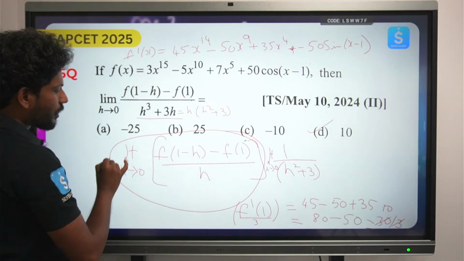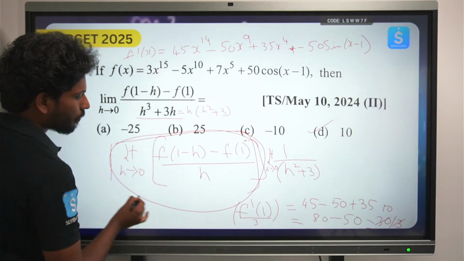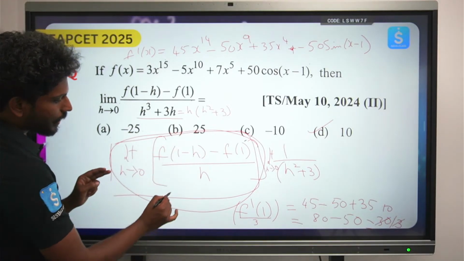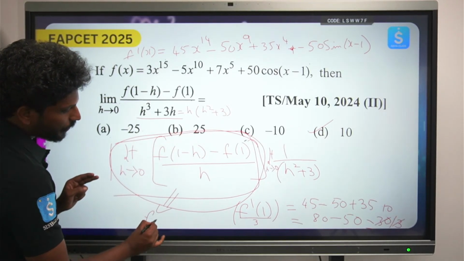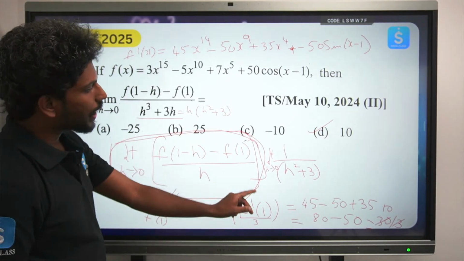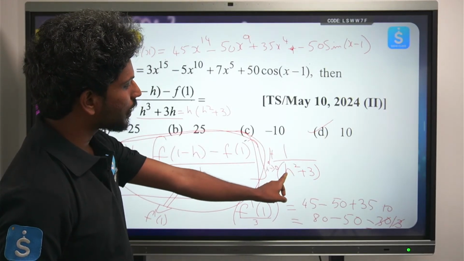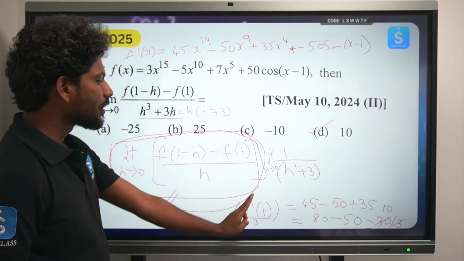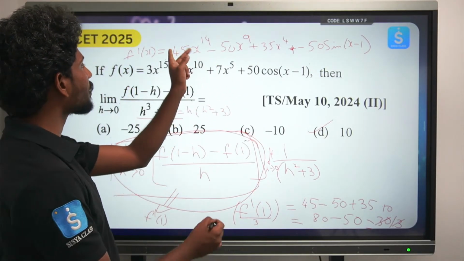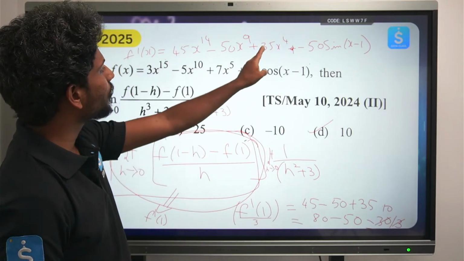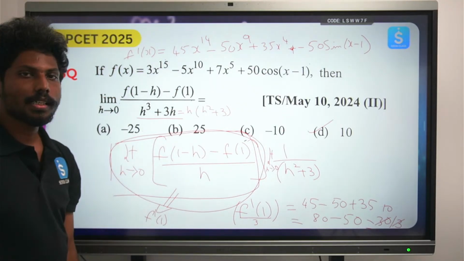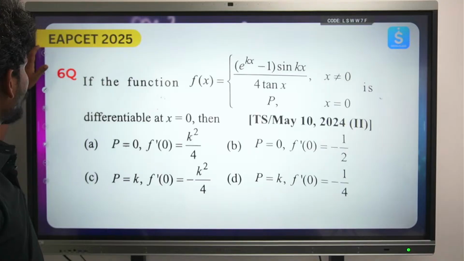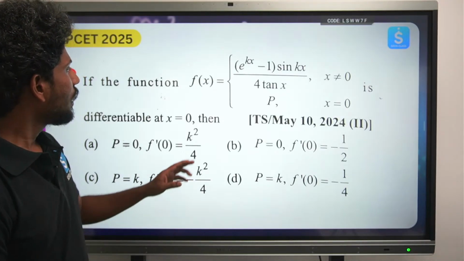If you see this sort of a partition in the whole problem, this is nothing but f dash of 1. So f dash of 1, apply limit equals to 0, that will be 0 plus 3 is 3. So f dash of 1 by 3. What is f dash of 1? I got the answer to be 30. So 30 by 3 is 10. See the next one.